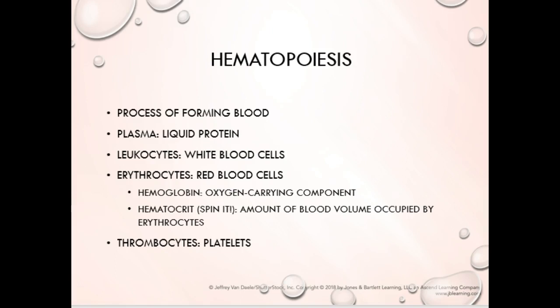Don't forget too, it acts as a buffer. Our normal pH is 7.35 to 7.45. If you don't remember that through our tissues and our blood on the pH scale, pause the tape and go review that, please, because that is an important thing to know. So when we're talking about the bloodstream or the tissues of the body, the pH of them should be 7.35 to 7.45, within that range.